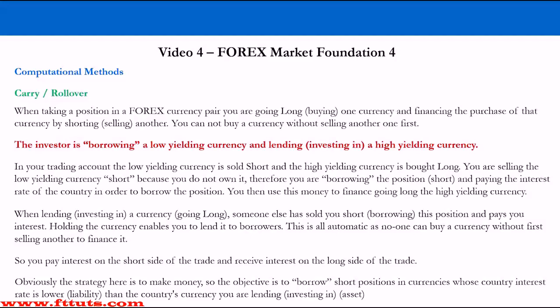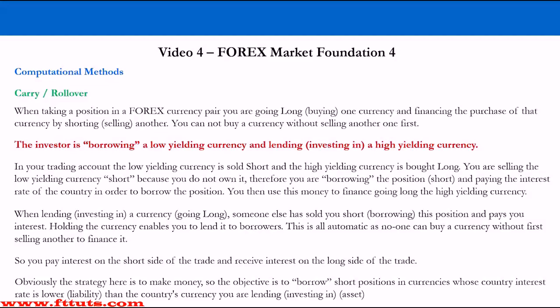So you pay interest on the short side of the trade and receive interest on the long side of the trade. And obviously the strategy here is to make money. So the objective is always going to be to borrow short positions in currencies whose country interest rate is lower than the country's currency you're lending, so investing in, because the country that you're paying to borrow, to you, that is a liability.